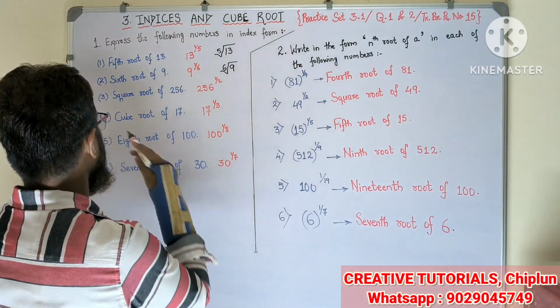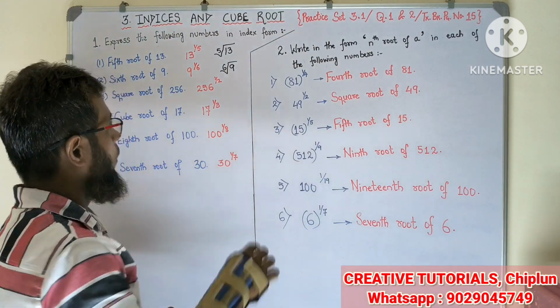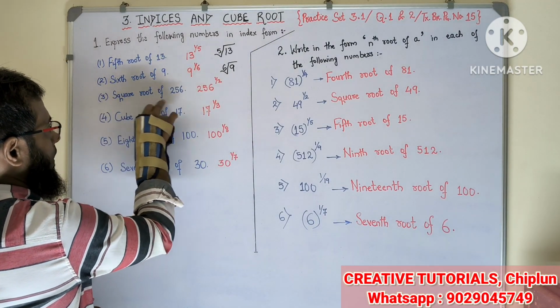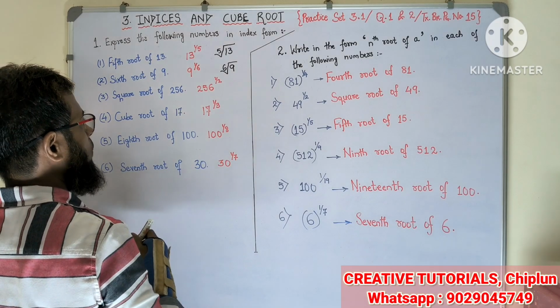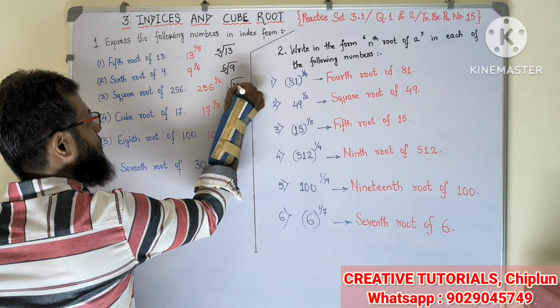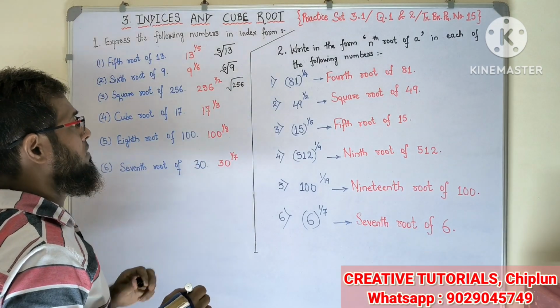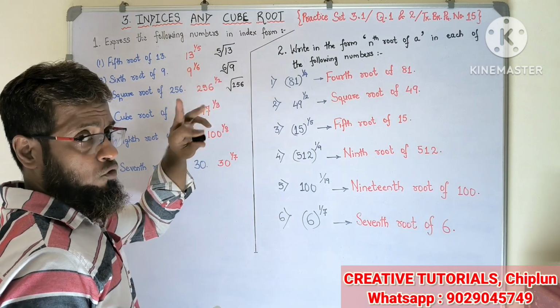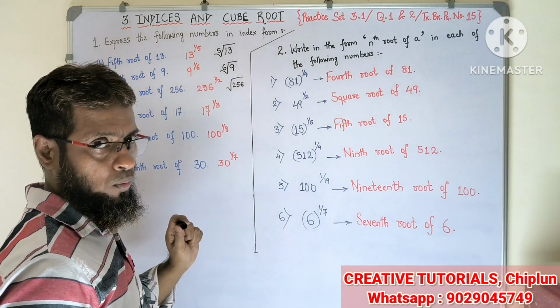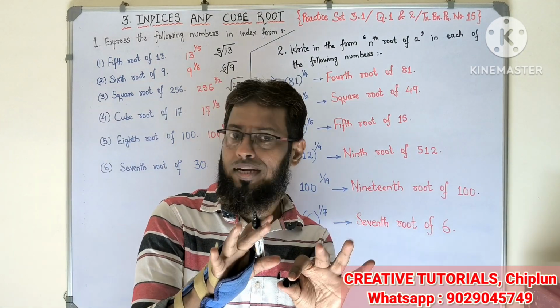Okay. Then question number 3, the square root of 256. Now if I want to write this number in root form, I will write the square root of 256. Correct? Whenever we have a square, the number is 2 for the square, and that number 2 we don't write inside the pocket.